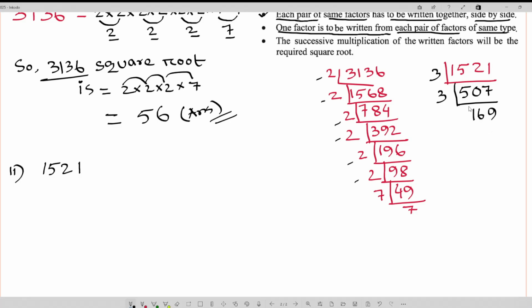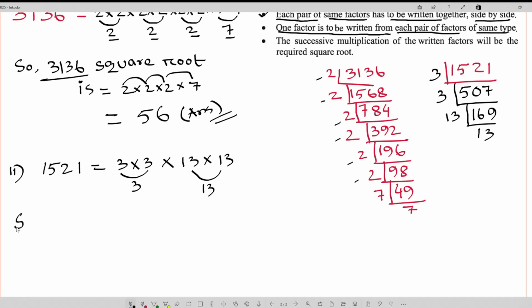So 169 we can divide by 13, because 13 squared is 169. So by prime factorization we will write similar numbers together: 3 times 3 times 13 times 13. Now we will count one number from each pair. So here is 3 and here is 13.